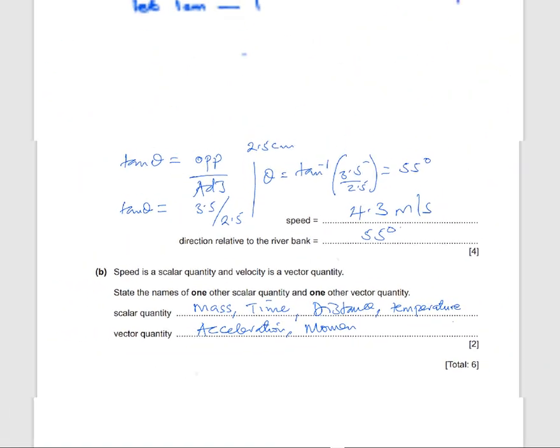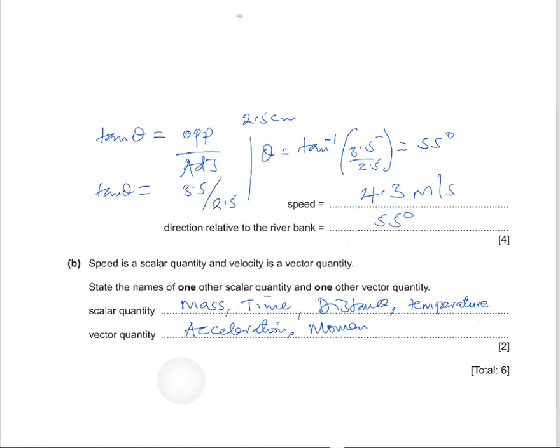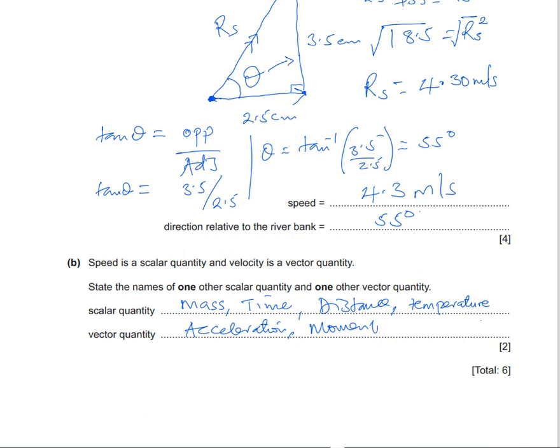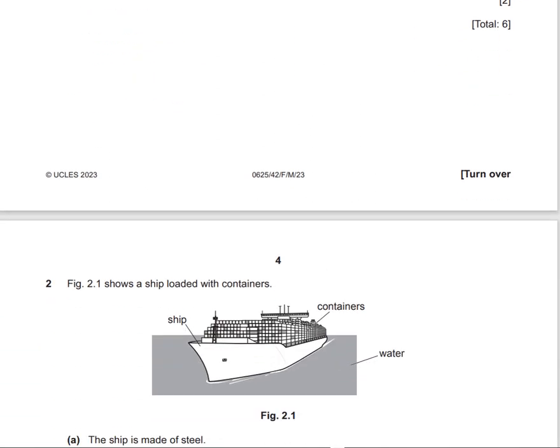We have force, etc. So there are many, but pick any one from scalar quantity and pick one vector quantity, and you'll get your 2 marks. Let us go to another number.